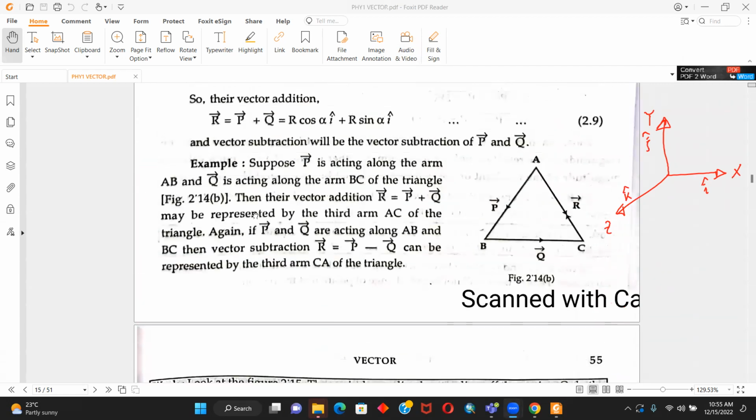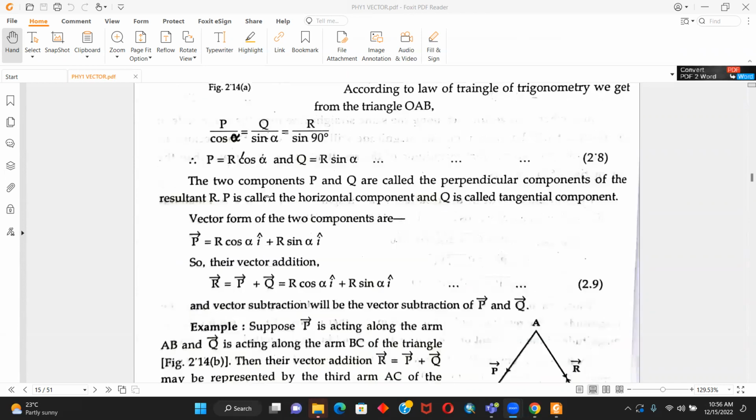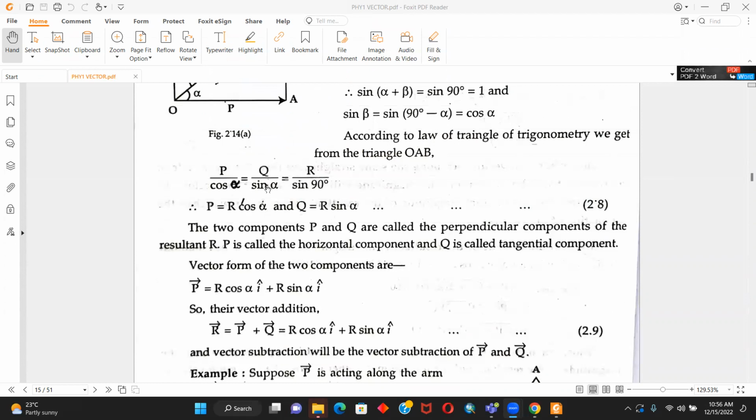Anyway, have you understood how you can resolve a resultant vector or one vector into two components, that is, one vertical component and one horizontal component? Yes. So the vertical component would just be R sine alpha, and the horizontal will be replacing the sine with the cosine.